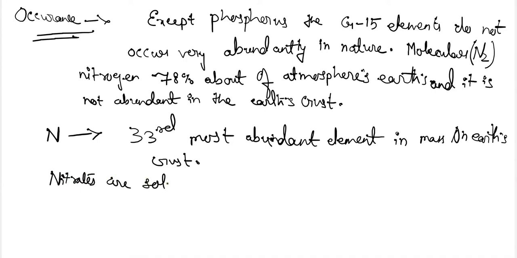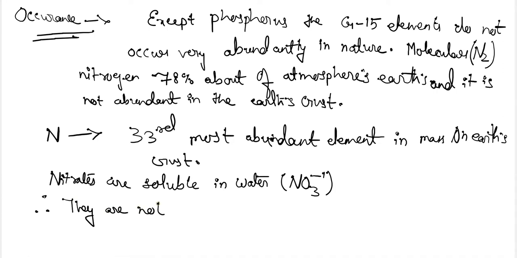Nitrate means NO3 minus 1, and these are very soluble in water. Therefore, they are not abundant in the Earth's crust.